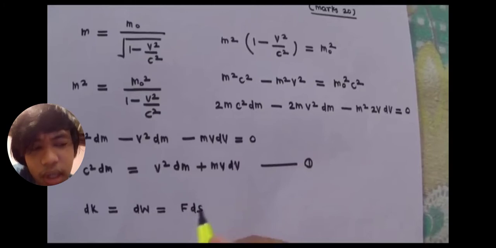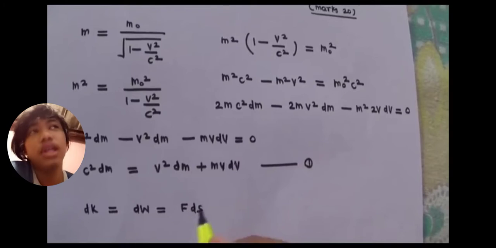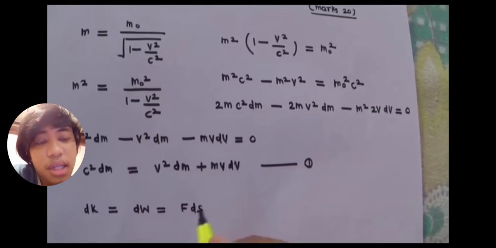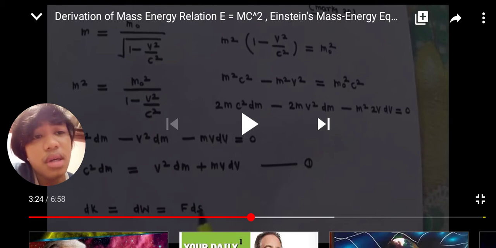The differential kinetic energy is equal to the differential work. So kinetic energy is work. The work is force times distance, and s is distance there. So he is differentiating the distance also, which is the change of distance. Okay, now I understand.